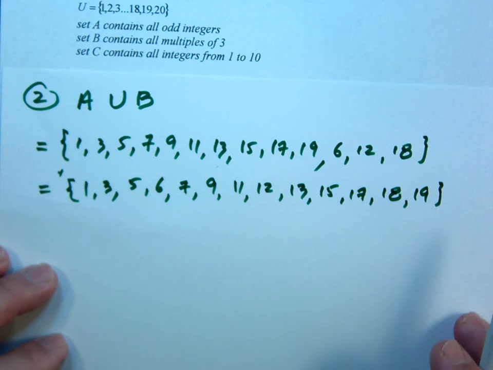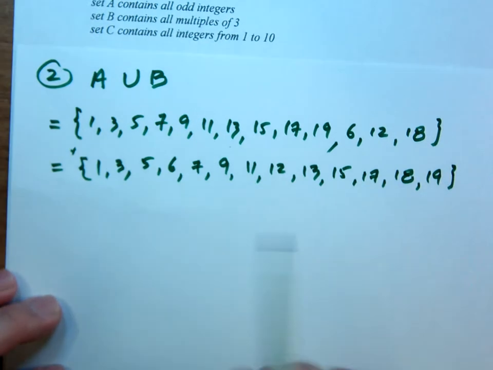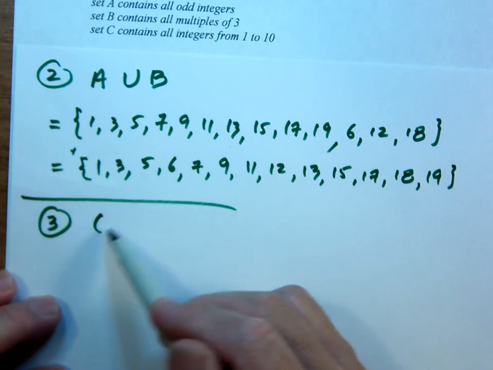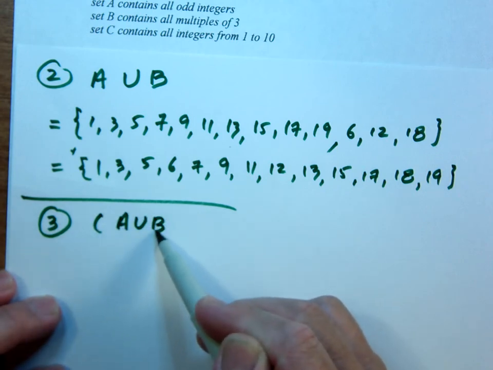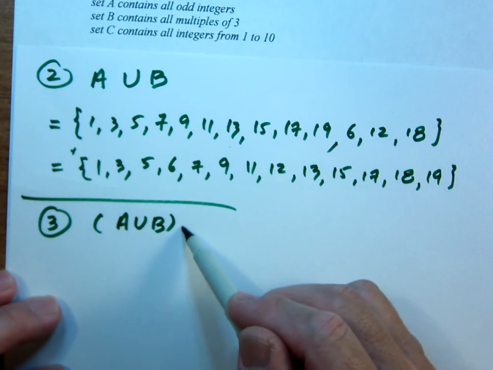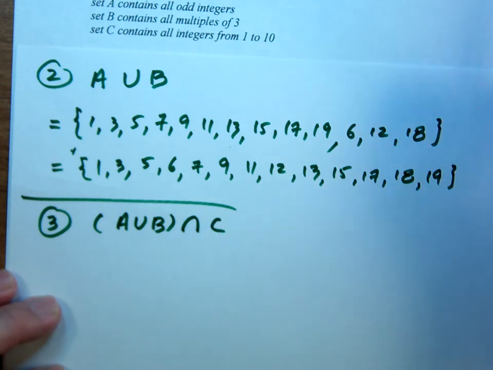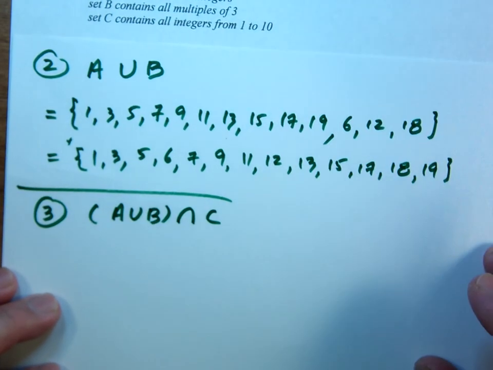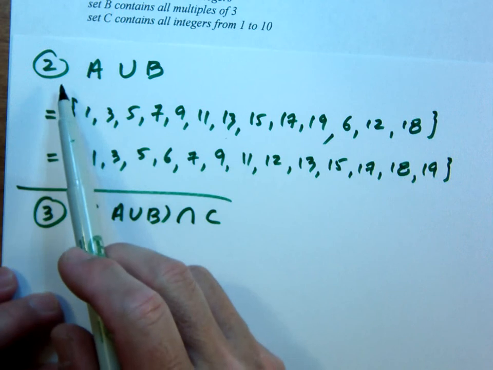Why did I do that? Because I want you to now do number 3, which is A union B, the whole thing, intersect with C. So that's where the set C is coming from. And yes, we do want to use the result of example number 2.